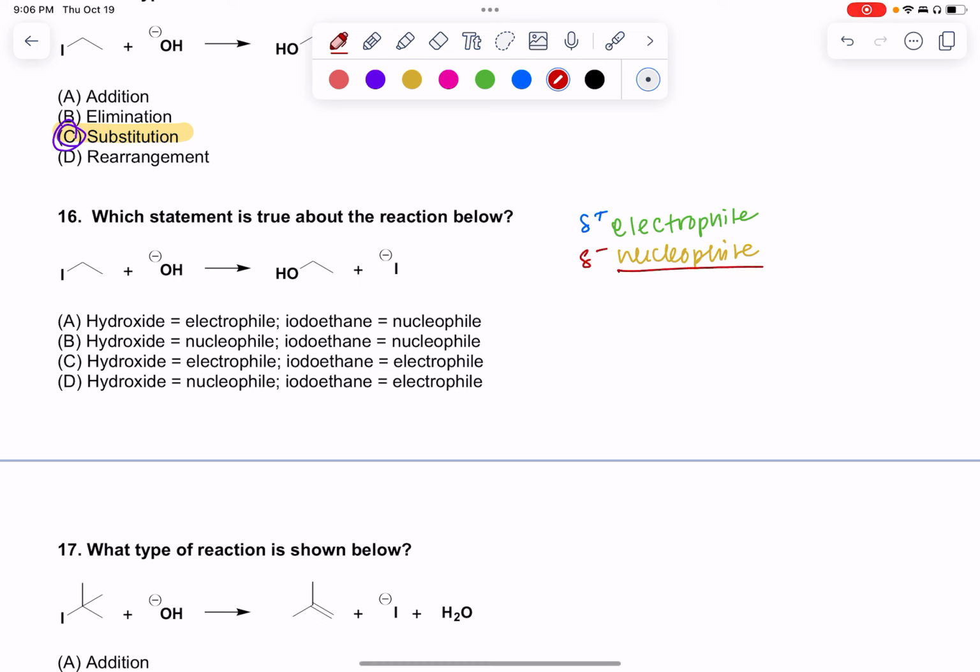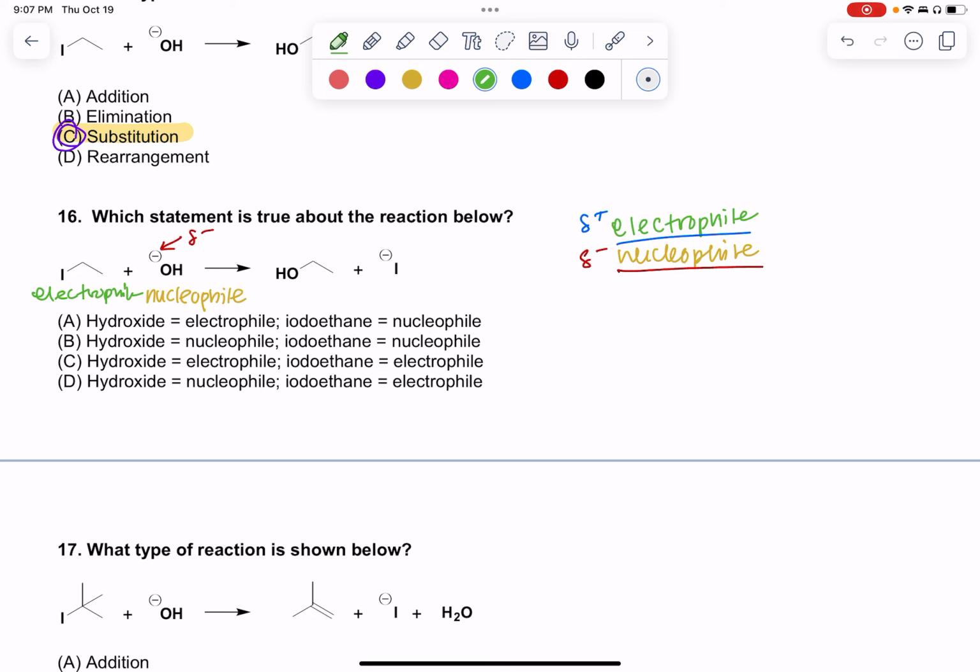I like to underline them and color code everything because I learn by colors. Okay, I see I have this negative here. So this has to be my nucleophile, right? Because it's negative and it wants to get some positive. And that means this is my electrophile.